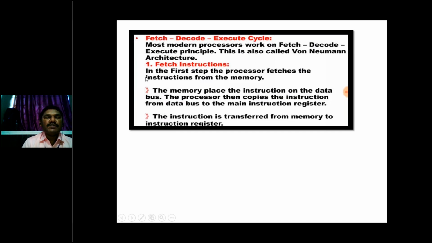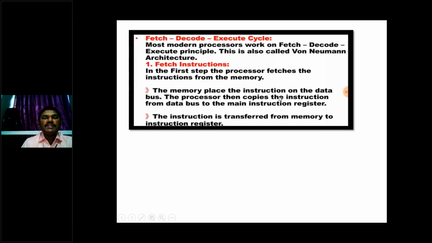Fetching instructions means in the first step, the processor fetches the instructions from the memory. Because, as in the definition of a microprocessor, it executes instructions stored in its memory. So the instructions are fetched from the memory, and this step is called fetching.